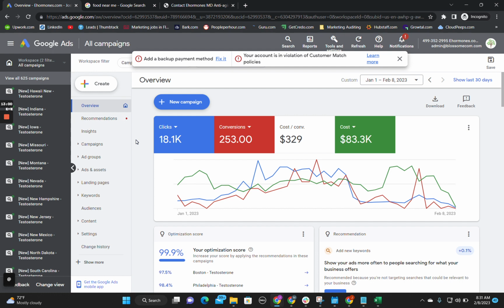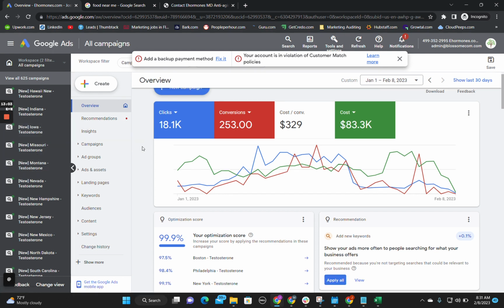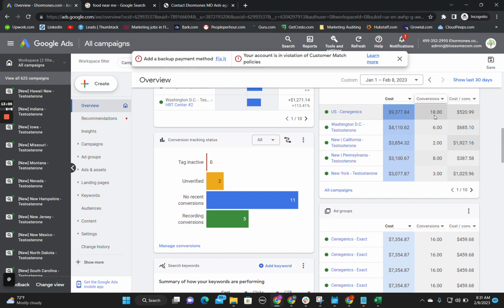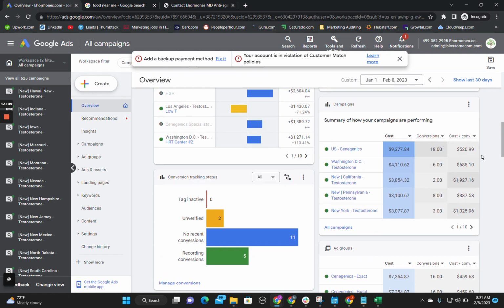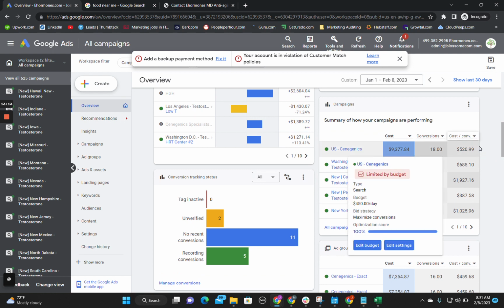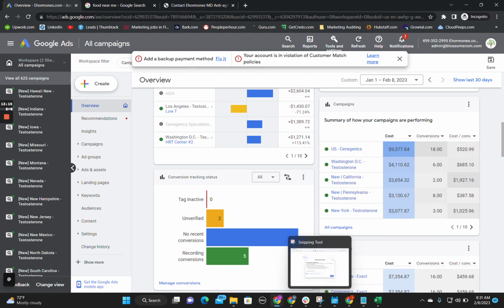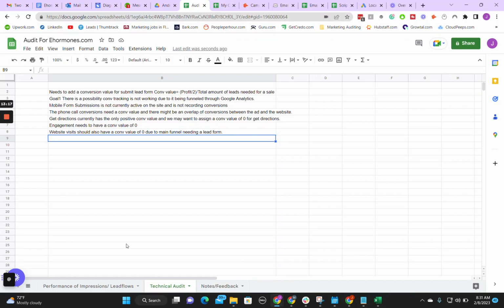So, what we're going to do is, how do we know which campaign to focus on first? Well, we go by cost usually, because usually where they spend the most money matters the most. Now, something else to point out is that they sent me over what was important to them. So the way I structure mine is, first, what's important to them, second, what's the technical audit, third, what are some notes and feedback I can get. So they're very interested in their performance of impression and lead flows.